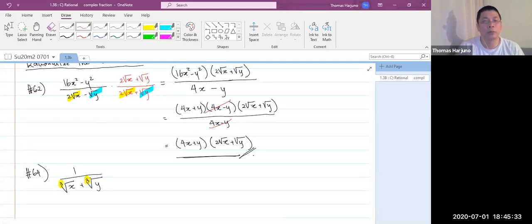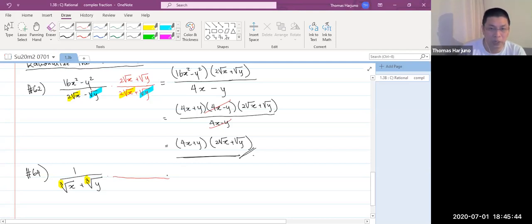The idea is we multiply by something so that the cube root disappears. Basically, we need to cube that. Later on, I want to have something that looks like cube root of x being cubed, cube root of y being cubed.